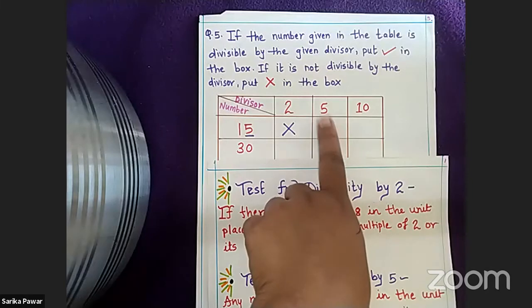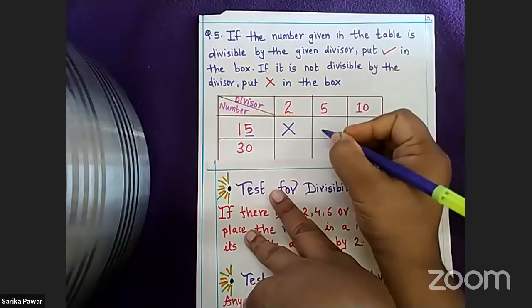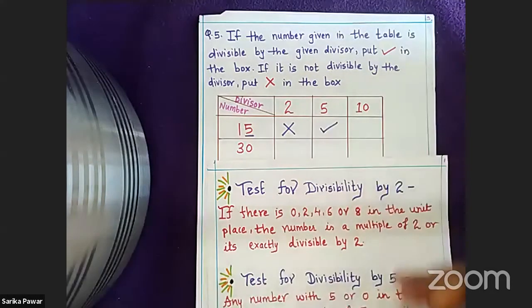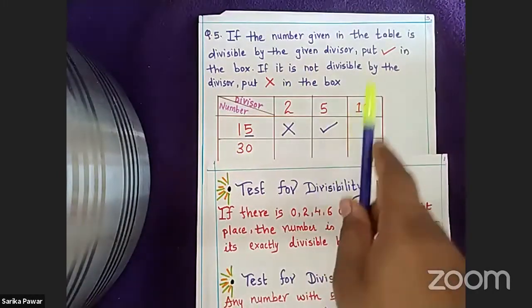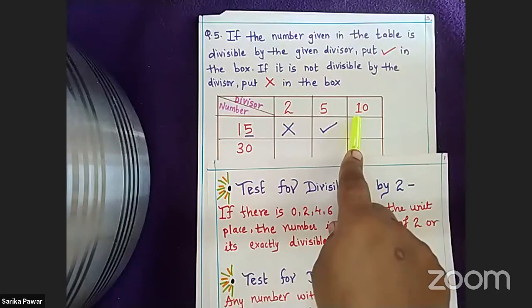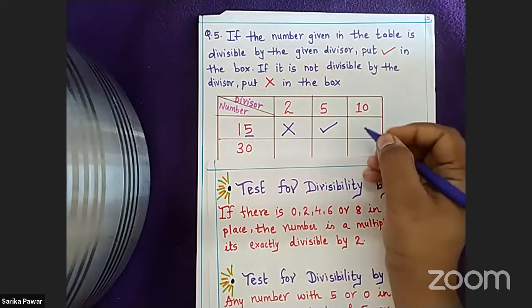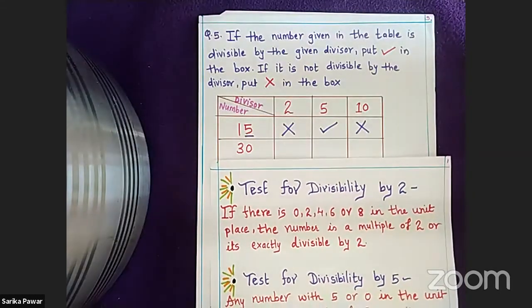Which sign will I put here? Correct or incorrect? Correct. Yes, your answer is also correct. Very good. Now tell me, does 15 come under the divisibility test of 10? Yes or no? Incorrect. Very good, Sarah.